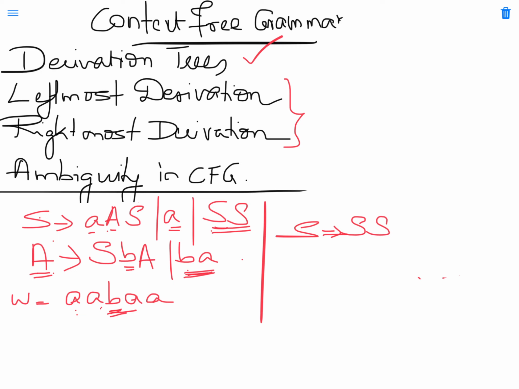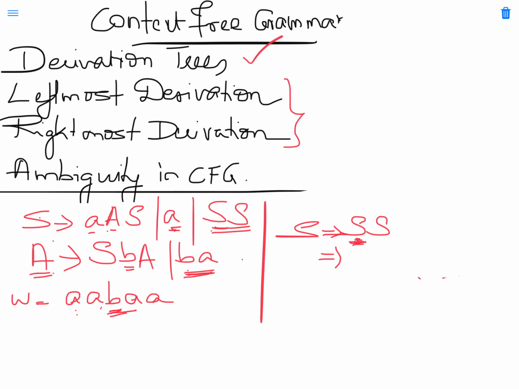Now, in order to derive the first symbol A, this S will be replaced with a single terminal symbol, the right-hand side of a production. You can take this A. One more thing you need to see is that there are two non-terminals on the right-hand side.